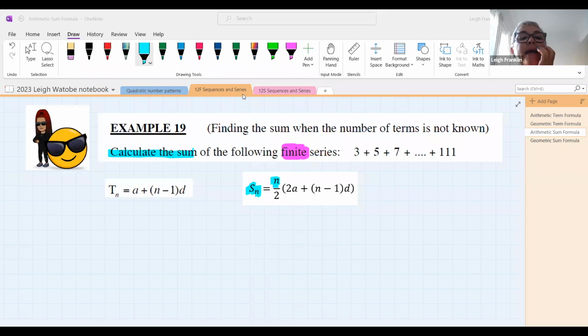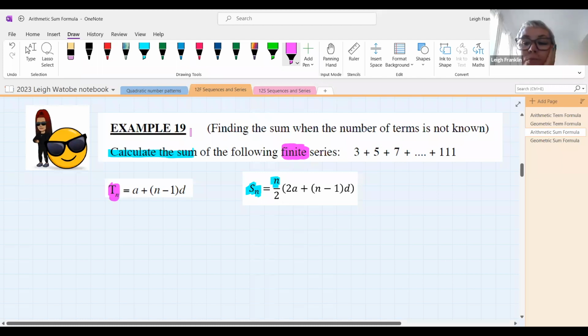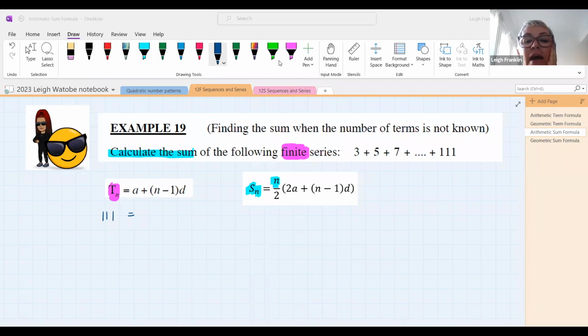What is Tn in this case? In place of Tn, what am I going to substitute? That's it. I'm going to substitute 111. What am I going to substitute in place of the a? That's right.